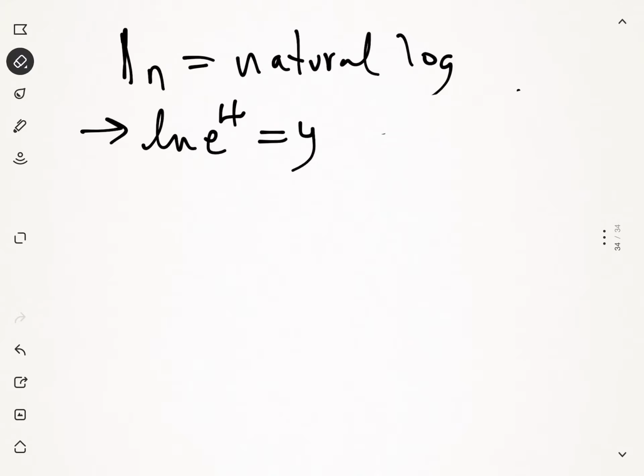What that means is multiply both sides by e. So if we multiply the left side by an exponential function, e, we'll end up with e to the fourth.